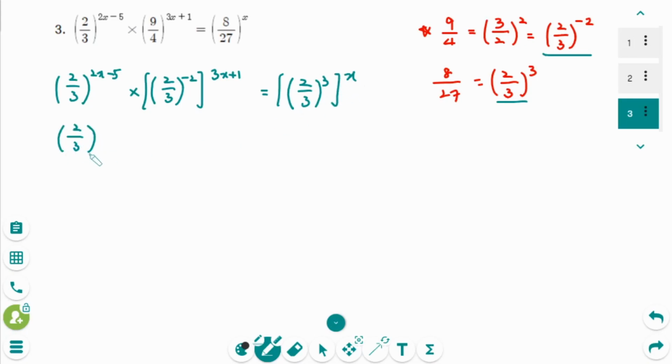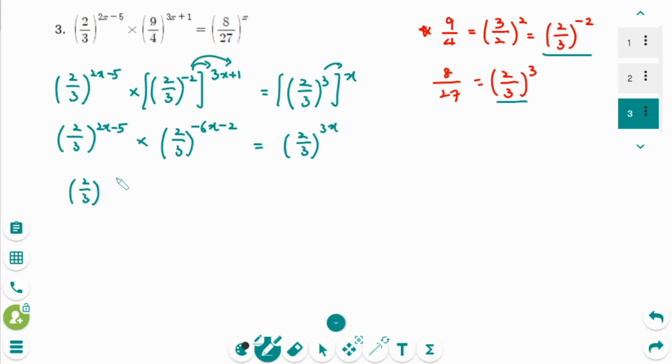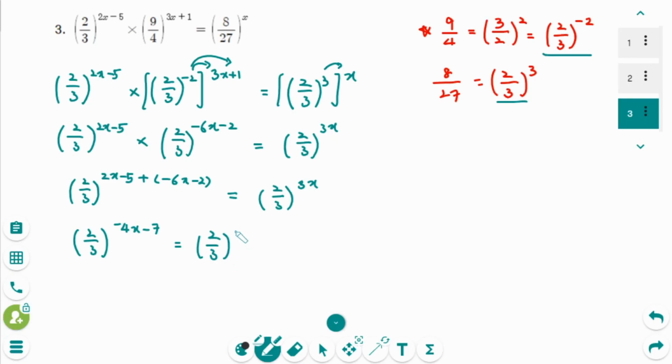2 over 3 to the power of 2x minus 5 times 2 over 3 to the power of minus 6x minus 2 equals 2 over 3 to the power of 3x. 2 over 3 to the power of 2x minus 5 plus minus 6x minus 2 equals 2 over 3 to the power of 3x. 2 over 3 to the power of minus 4x minus 7 equals 2 over 3 to the power of 3x.